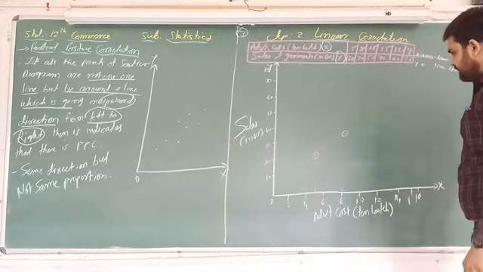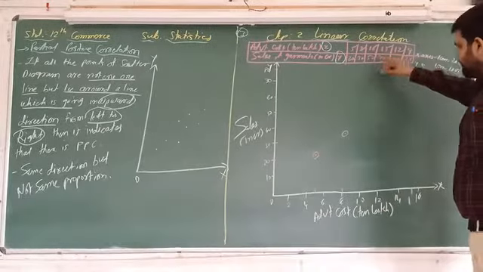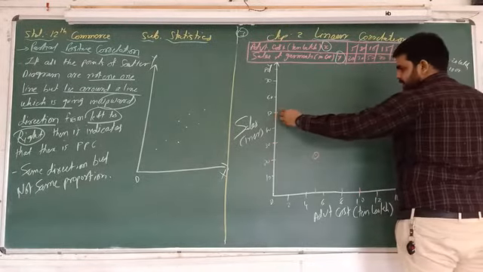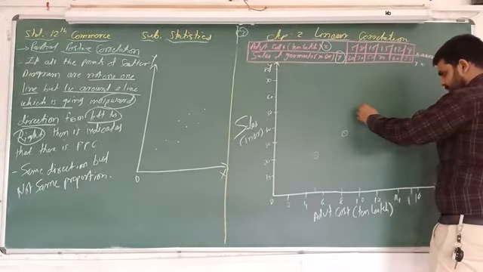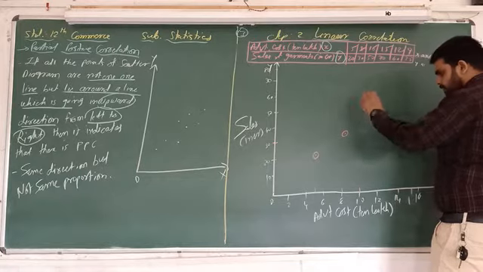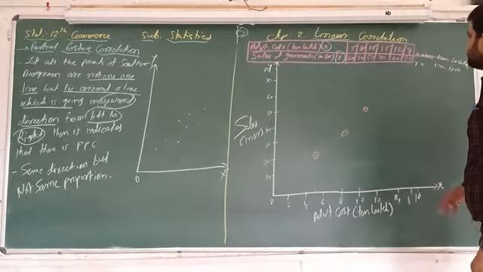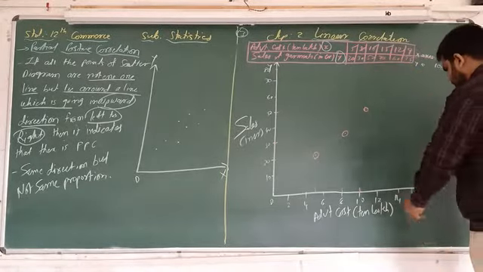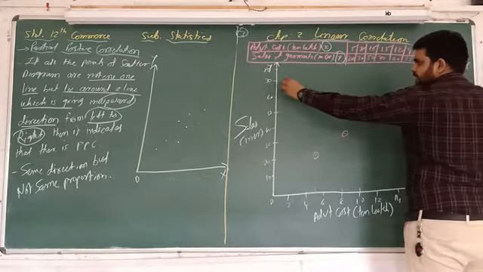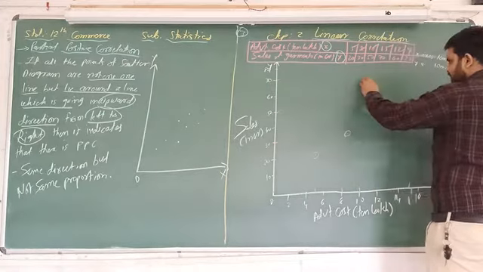What is third? 10 and 50. Here 10, here 50. This is the third point. Fourth one, 15 and 70. Here 15, between 14 and 16, and here 70, so it will be here.